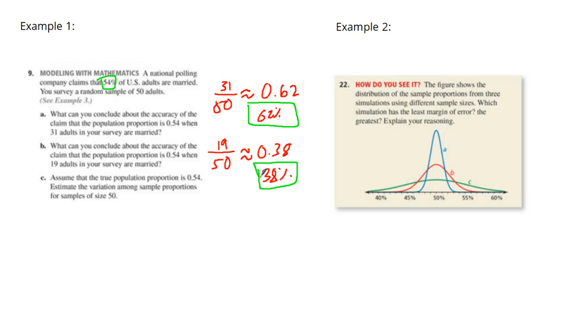So now we can use the margin of error calculation. However, it says estimate, so we could estimate, but we're just going to use the margin of error calculations anyway to try to see if these numbers are justifiable, right? So try to see if we can have this 62%, which is 8% away. So let's do the math. 62 minus 54 equals 8, and this is 38 minus 54, which is minus 16.